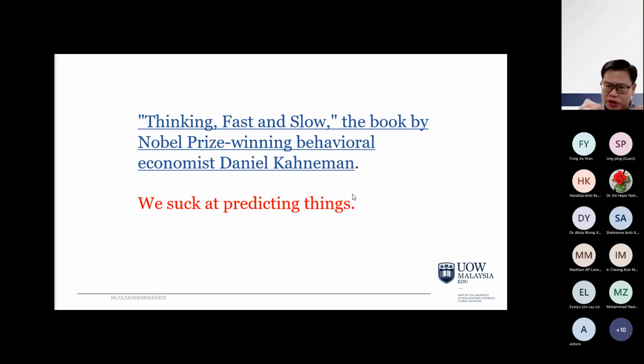The reason I put this in is that when we look into transformative learning, many times we assume we know what students want. We assume that this is what we do and this is what the market will need down the road. We assume our students will need this, and that the market is driven by putting this in our syllabus.